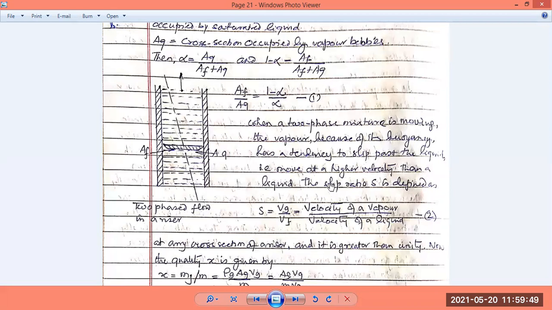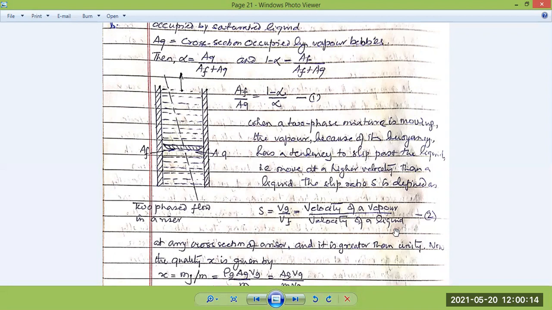The slip ratio S is the velocity of the vapor divided by the velocity of the liquid, Vg divided by Vf. At any cross-section it is greater than unity, meaning the velocity of the vapor will always be higher than the velocity of the liquid.